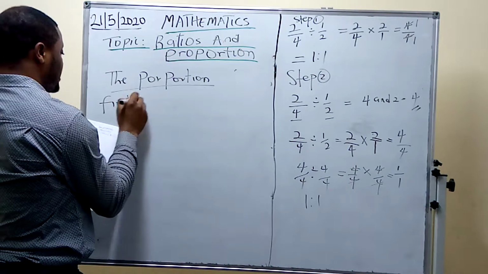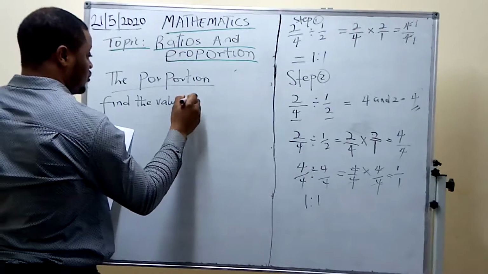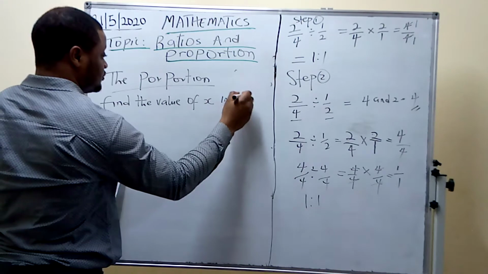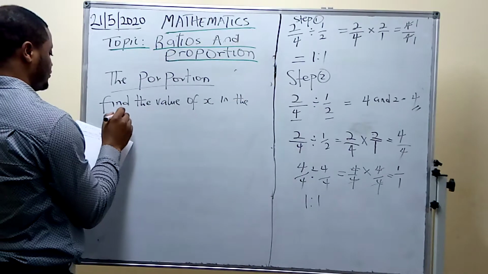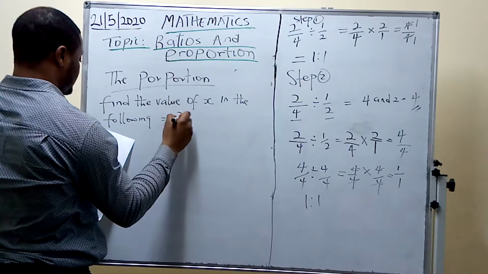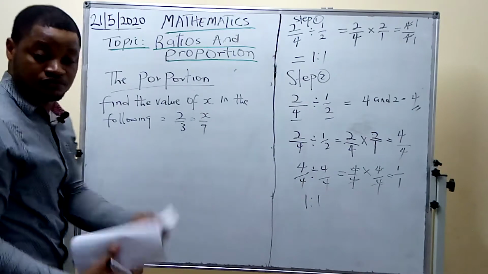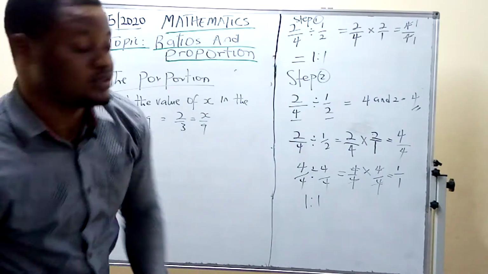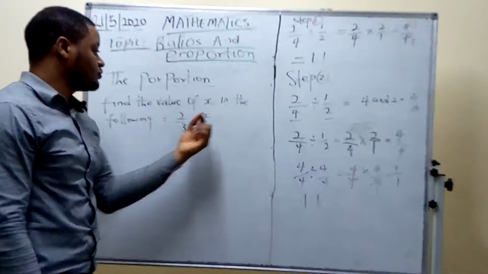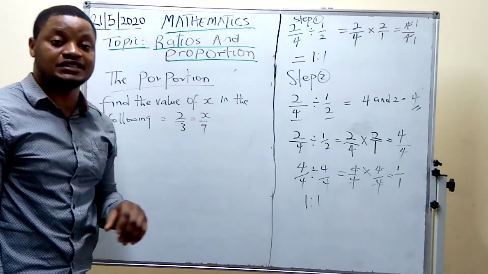Now, you are given this question: find the value of x in the following. Now, we have 2/3 is equal to x/9.